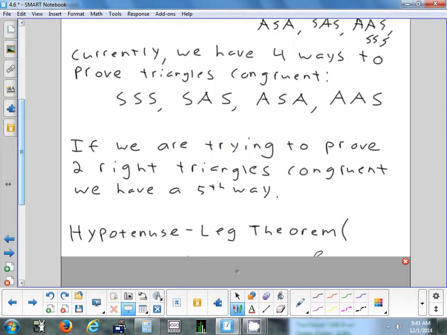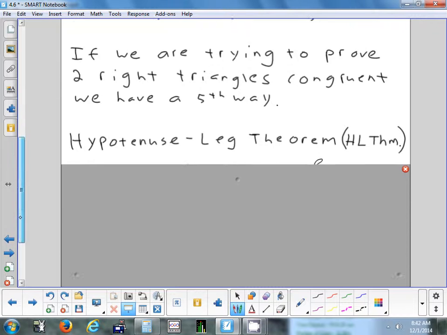When you're writing this as a reason in a proof, you can just put HL theorem, hypotenuse leg theorem. And this is on page 238.